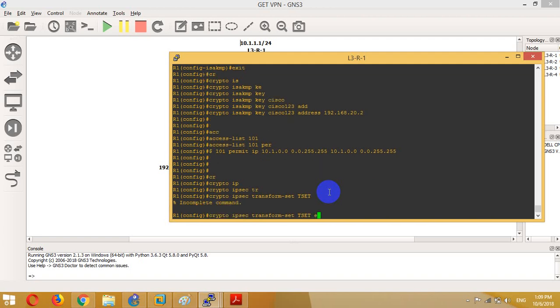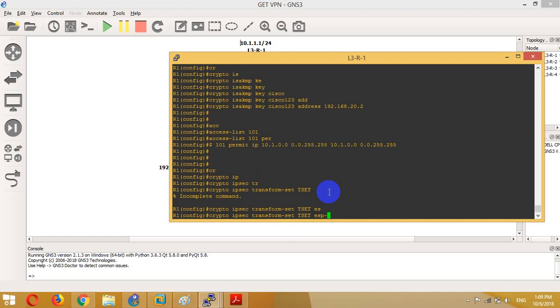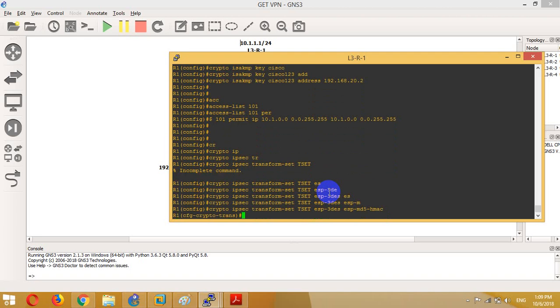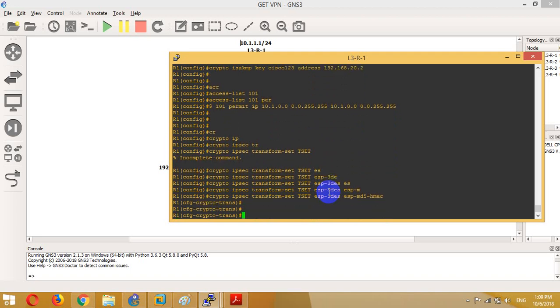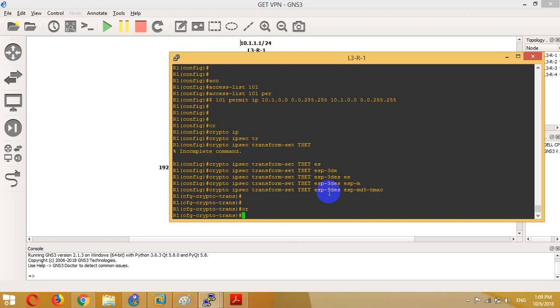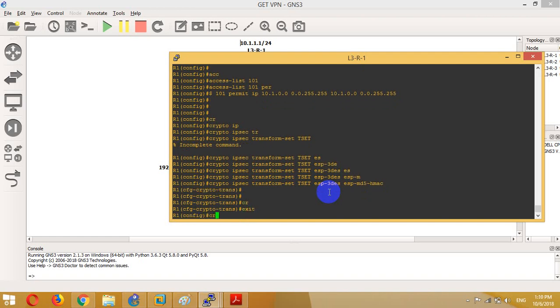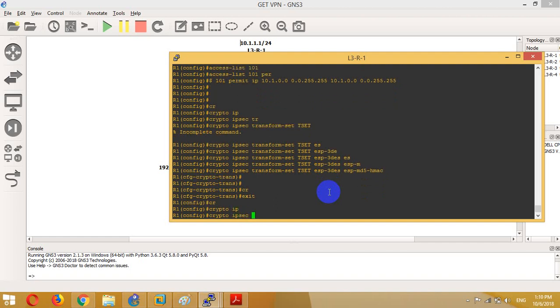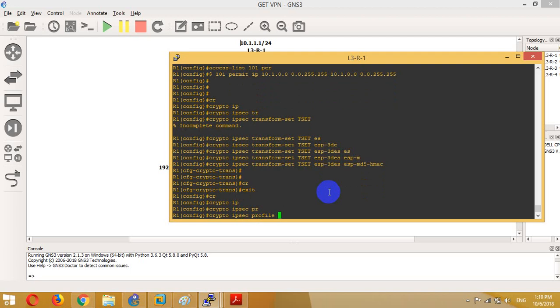This is the second phase: ESP 3DES, ESP MD5. Here, guys, I'll exit and create crypto IPsec profile. I'm going to give it a name, iProf.